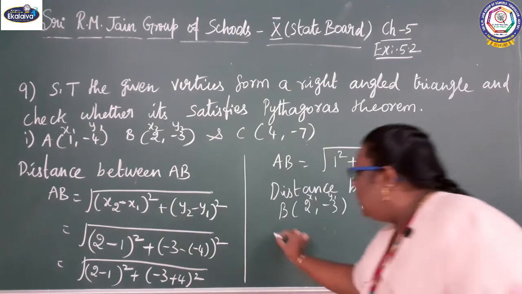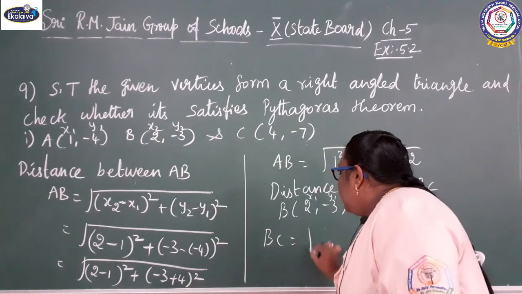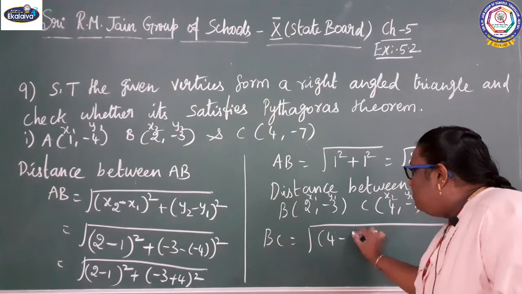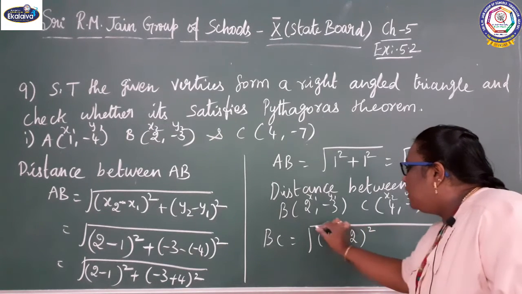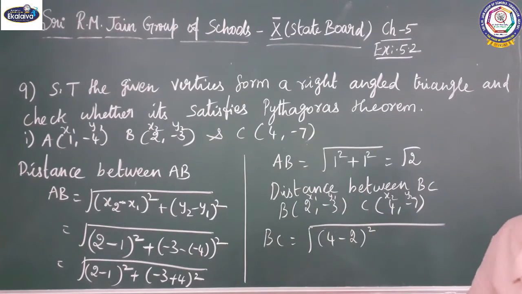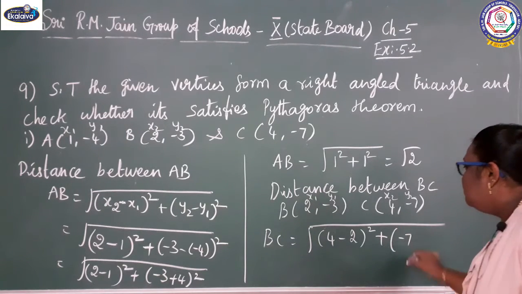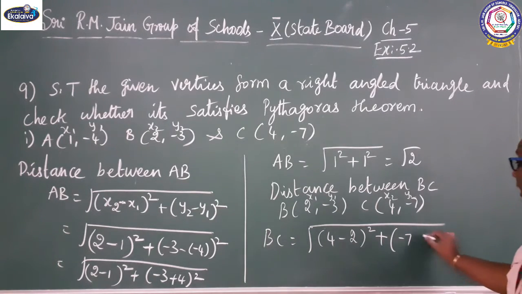So the distance formula: BC equals the same way, x2 minus x1 the whole square, 4 minus 2 the whole square.